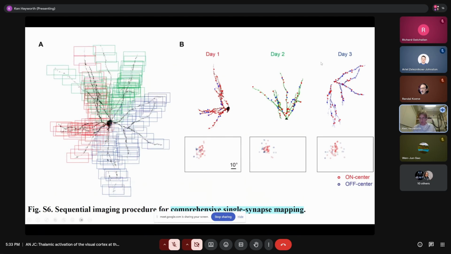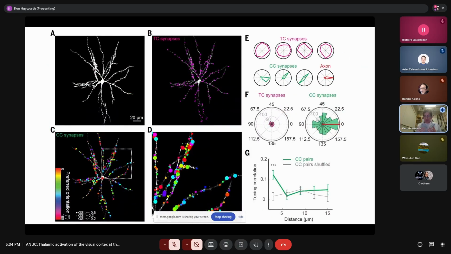This is showing day 1, day 2, day 3. So a quite impressive experiment. But what they got out of it is a really comprehensive map of essentially all the synaptic inputs, maybe like 90% of the synaptic inputs. And they could classify them into these two types.